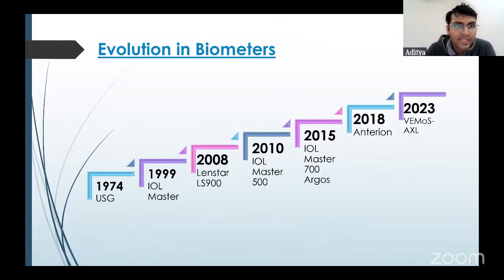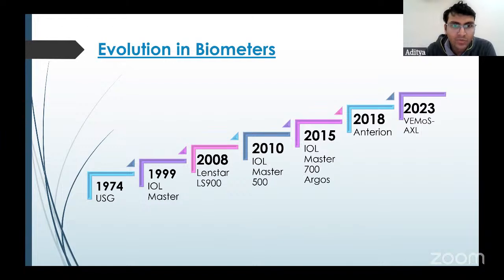In 1974, Dr. Hoffer first utilized ultrasonic biometry to obtain the axial length. Then in 1999, there was a big advancement with the arrival of the IOLMaster, which is the first optical biometer.